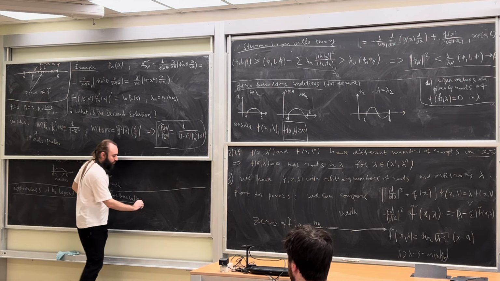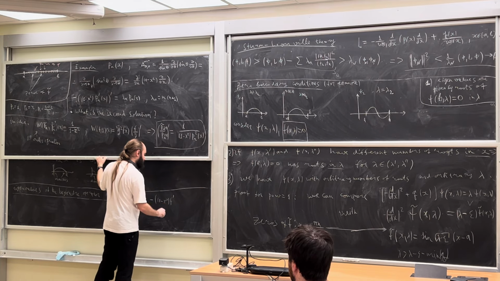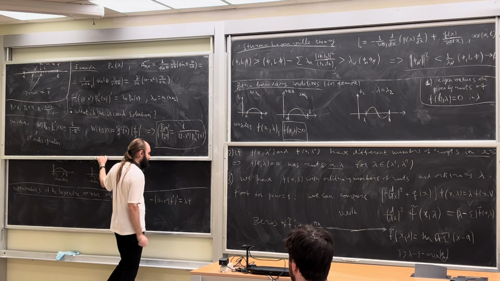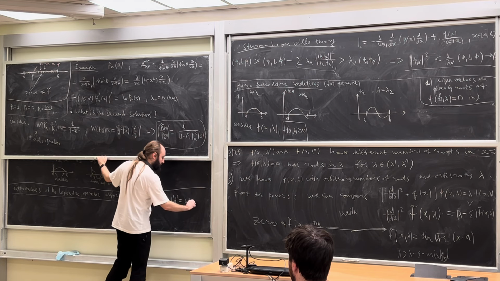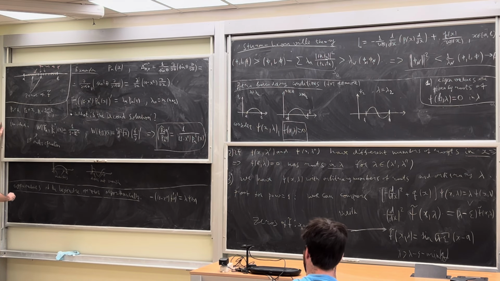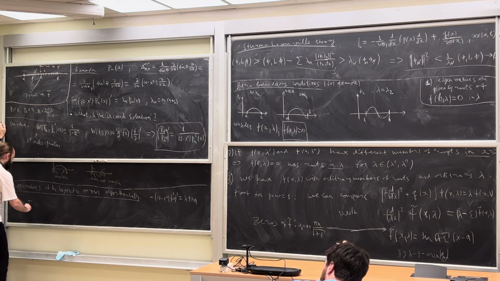So we want to solve this equation, minus the sum from n equals 0 to infinity of C_n x^n. There is some Taylor series at the origin.